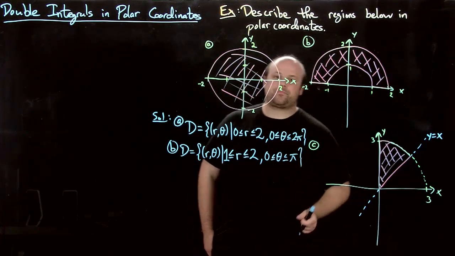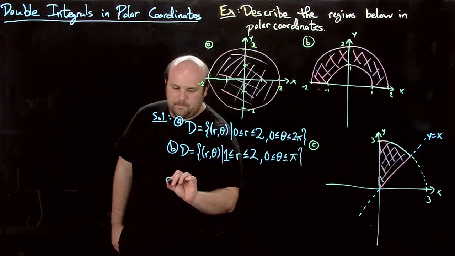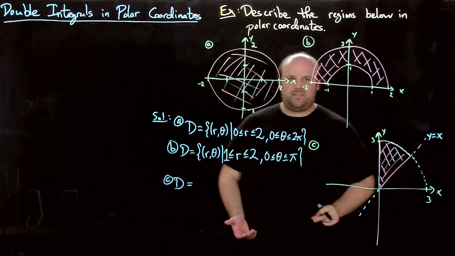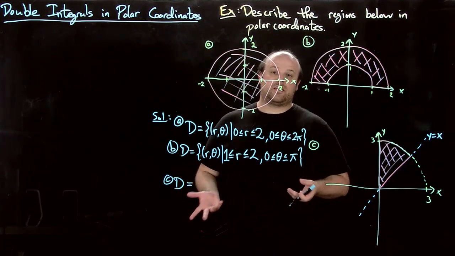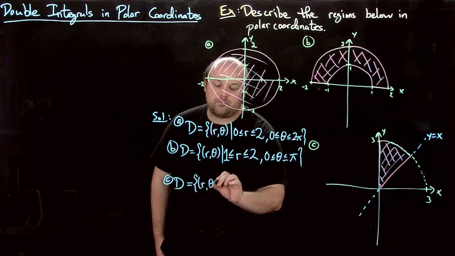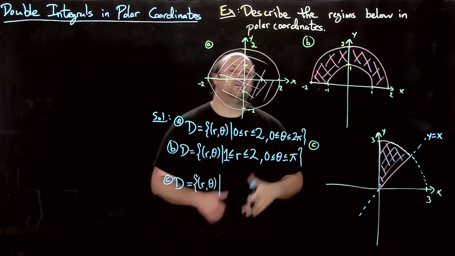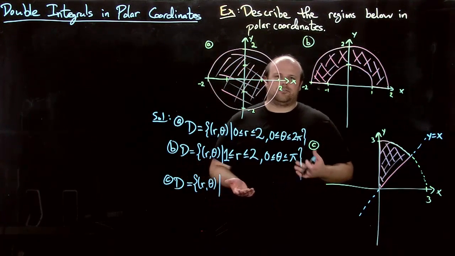All right? And now we got this last one down here. Well, how do we describe that? Well, let's start by looking at r again. And you could start by looking at either one. You don't have to start with r. But typically, we'll find that things tend to start with r.